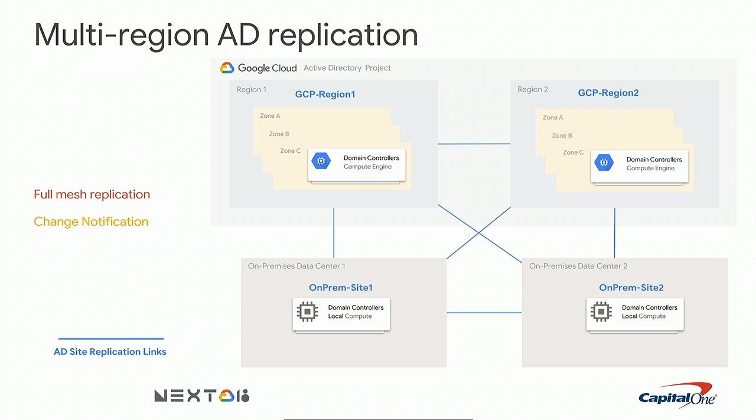Change notification treats replication on the site link the same as it would inter-site. So in the diagram I'm showing up there, we are replicating from site to site, on-premise to all of our Google regions, and then we do as-fast-as-we-can replication between the sites.